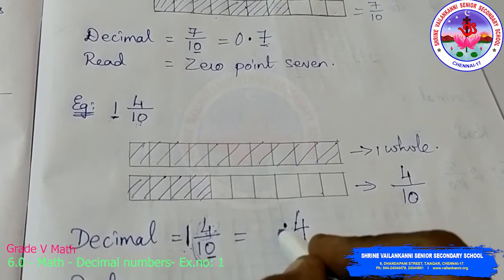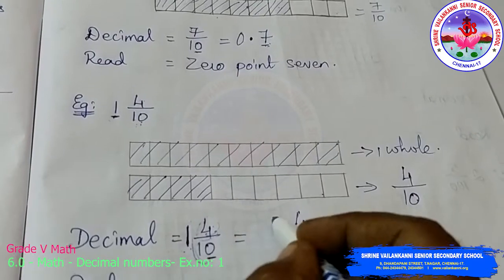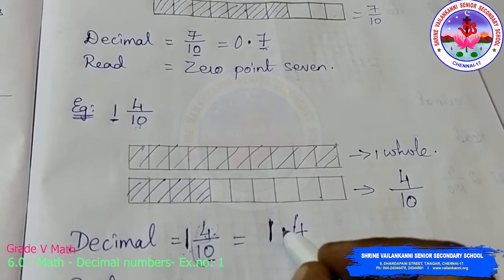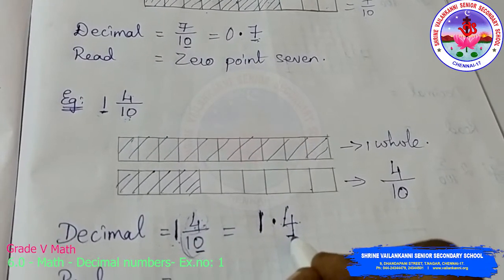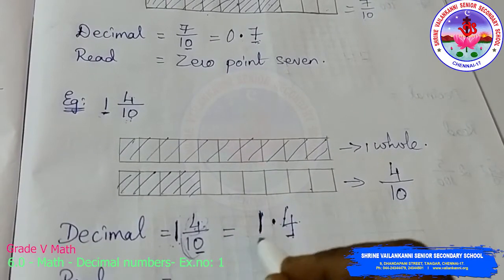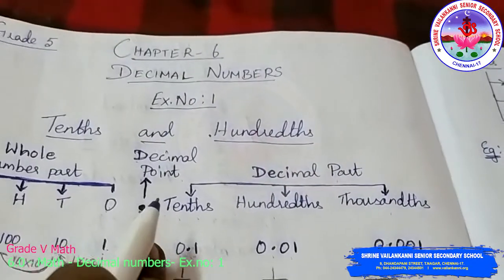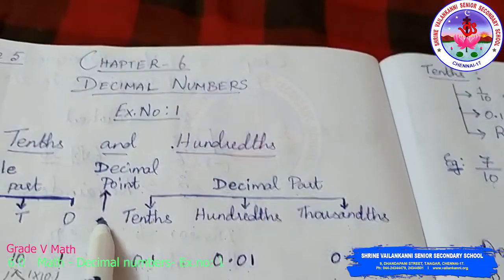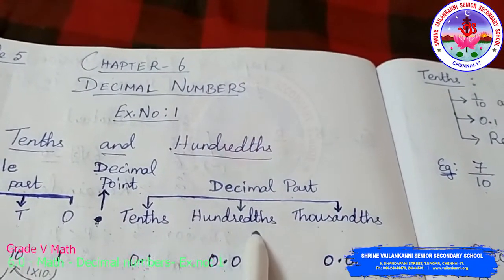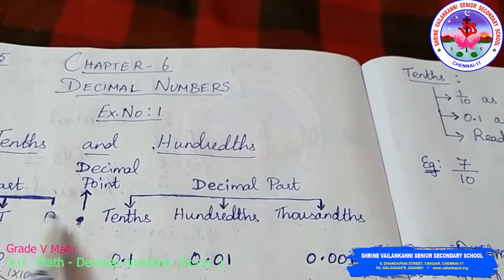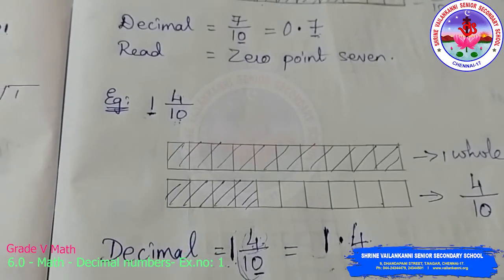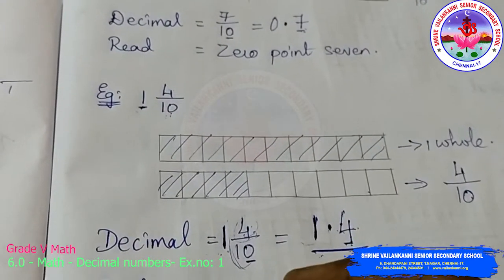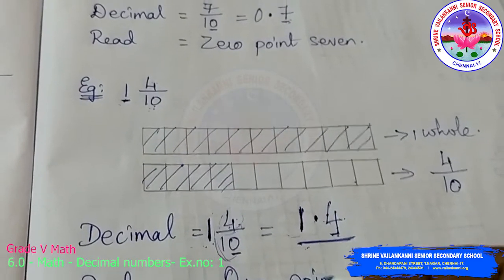After keeping the decimal you have to consider this 1 here, because with the decimal point, the right side of the decimal is the decimal number, and the left side of the decimal you will consider as a whole number. If you see this place value chart, I have shown you the decimal point. After the decimal point it is your decimal numbers, before that, the left side of the decimal, is whole numbers. That is what we have considered here. So this 1.4 we are going to read as 1.4.